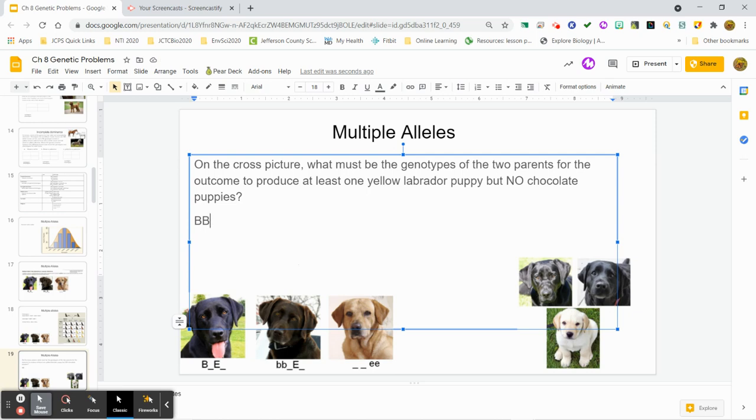And you want yellow, right? But you also want black. All right. So you could make these. So you could do something like that.